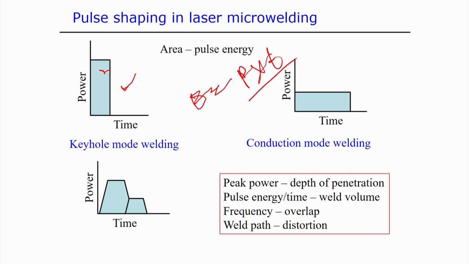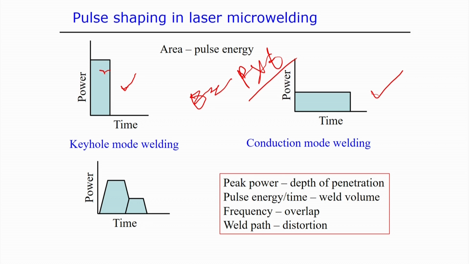But if we look at the second figure, in this case there is also a release of energy, but the duration is a little more compared to the first case. Of course, it is the same amount of pulse energy in the second case, but the peak power is less and the pulse on-time is more.